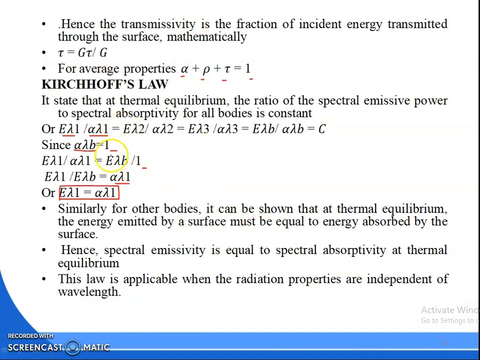The spectral emissivity is equal to the spectral absorptivity at thermal equilibrium. This law is applicable when radiation properties are independent of wavelength. So emissivity is equal to absorptivity. That is Kirchhoff's law. Thank you.